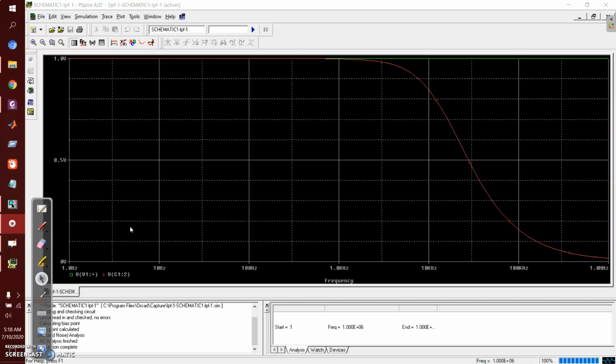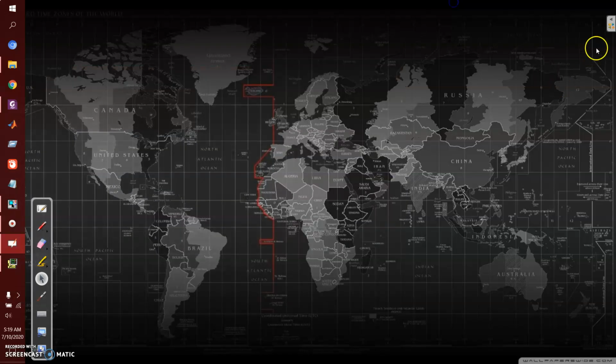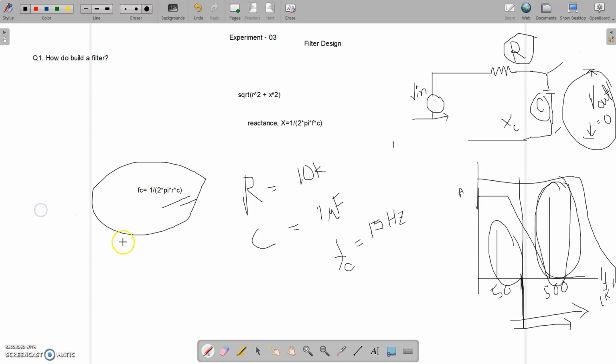One other thing you need to notice is this slope. It is not a sharp cutoff. I am getting a gradual cutoff. That is actually a problem.